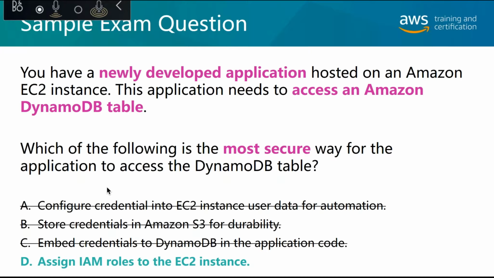So what you want to do is add a role to that EC2 instance, and that role, again, can have policy files attached to it. It has a trust relationship that says who is going to assume that role. In this case, it's EC2. And then it has a policy file that says any API calls that are made to DynamoDB are going to be signed requests. So basically, EC2 can talk to DynamoDB.